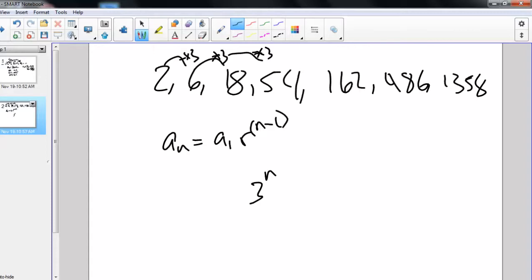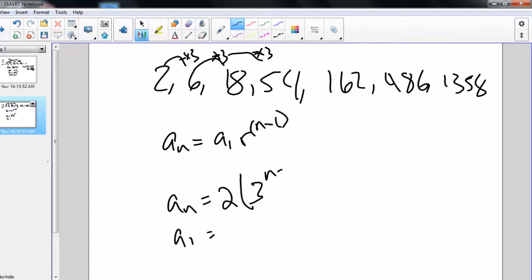Okay? Now, here's what happens. Here's the reason why we have to do a_n equals 2 times 3 to the n minus 1. Now, here's the thing. If I do 3 to the n, that means the very first one is going to be 6. Do we agree? So I can't do 3 to the n because the first time I do it, it won't work.